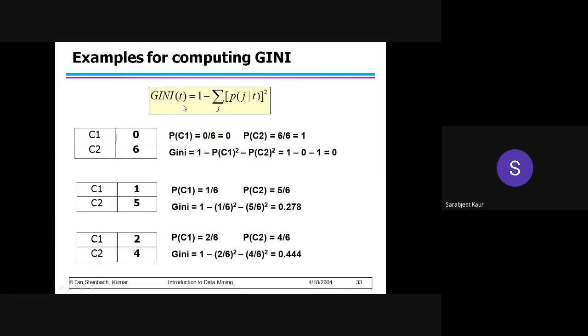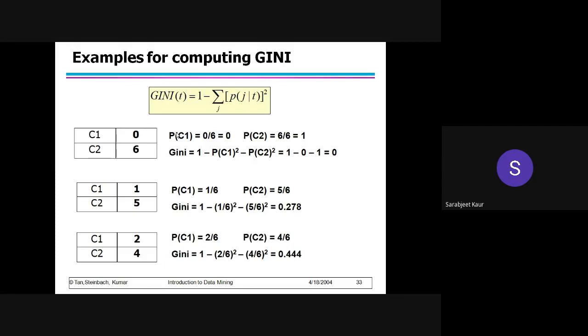Now what would be the Gini? So Gini would be 1 minus 0 square minus 1 square, right? So we have it equal to 0. So you see, the minimum Gini would be 0. Okay, and that is when we have a clear decision here. Suppose there are 6 people, then all 6 people want to go with the option of class C2, right?